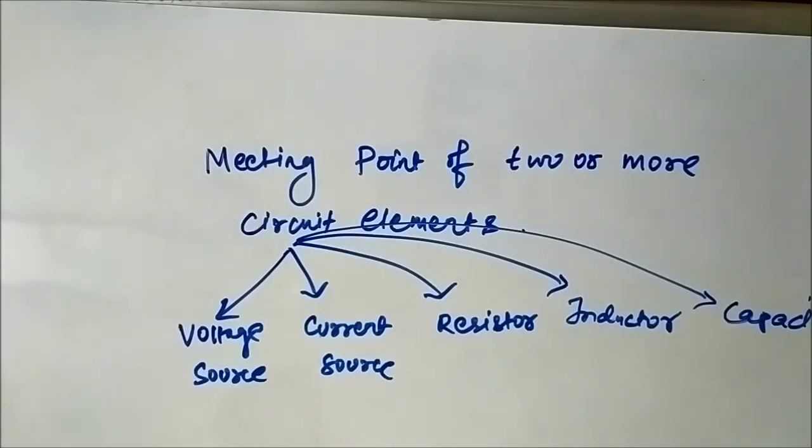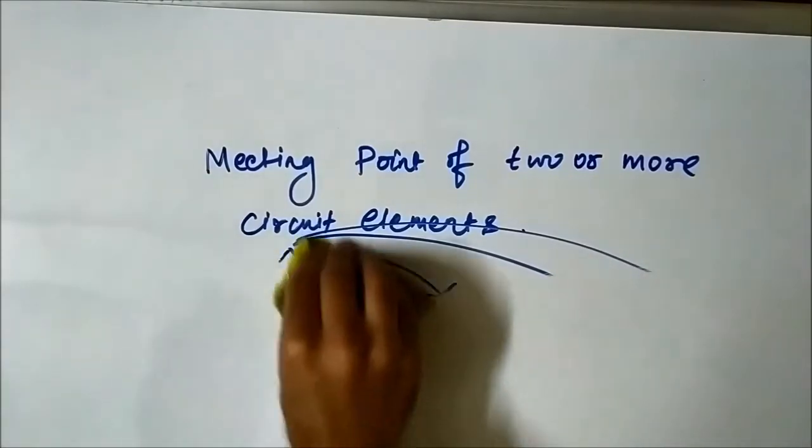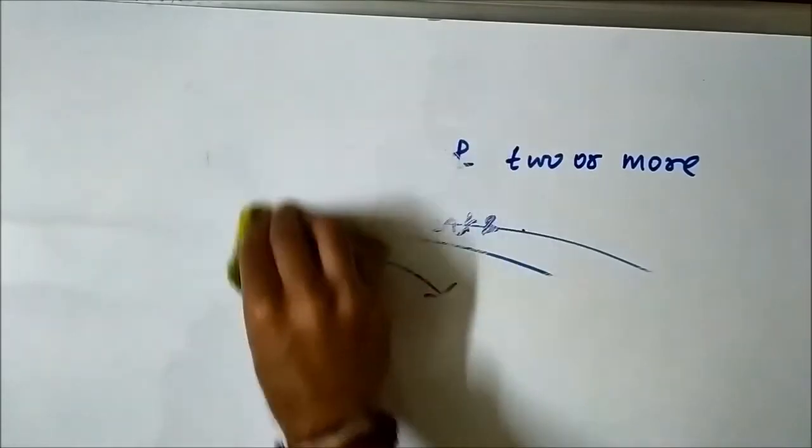The important thing to remember is to identify the node voltages. If in between 2 points there is no other power absorbing circuit element such as resistor, inductor or capacitor, the same voltage will appear at those 2 points. And if in between 2 points there is a circuit element present, be it a resistor, inductor, capacitor, the voltages at the 2 points will be different. Just remember these two concepts.